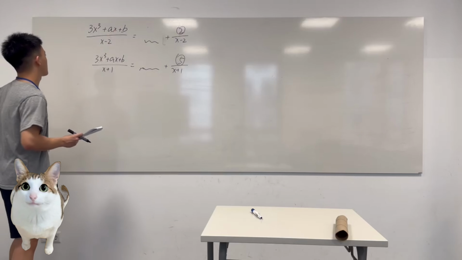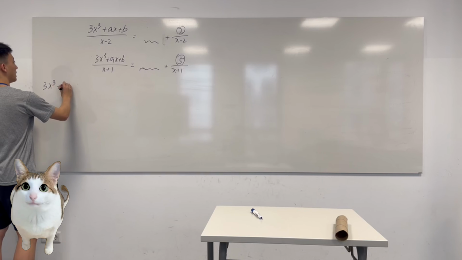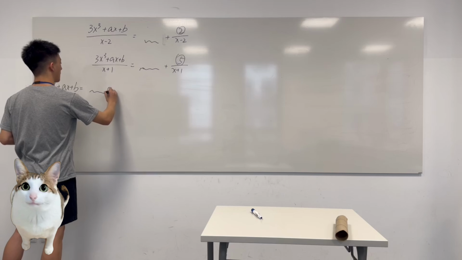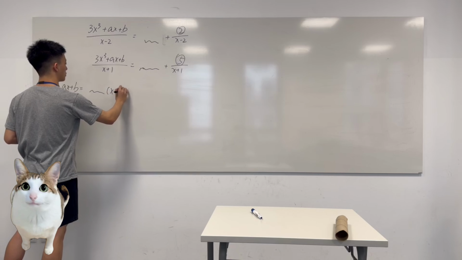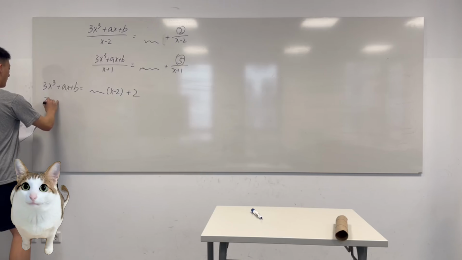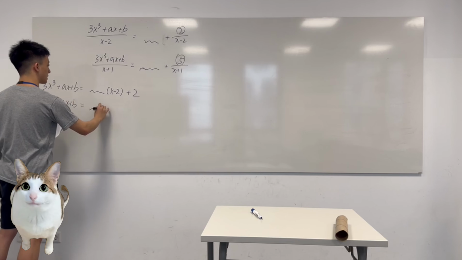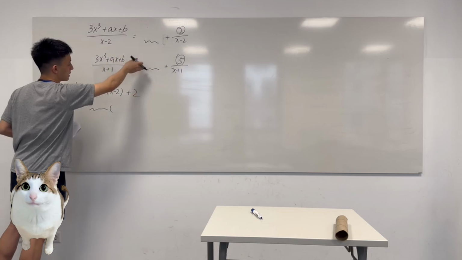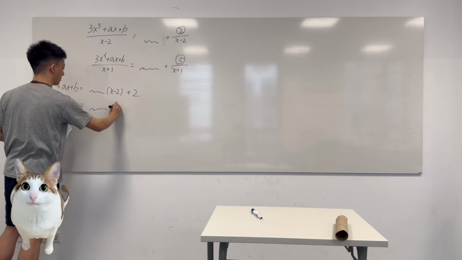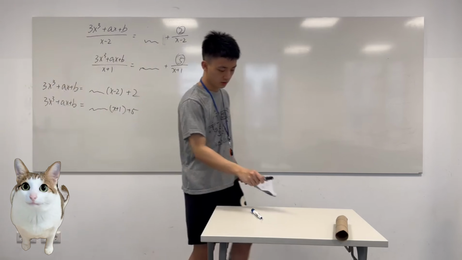So we multiply by x minus 2 for both sides and we get 3x cubed plus ax plus b is equal to something times x minus 2 plus 2, right? And the same, 3x cubed plus ax plus b is equal to something, obviously something different, times x plus 1 plus 5.